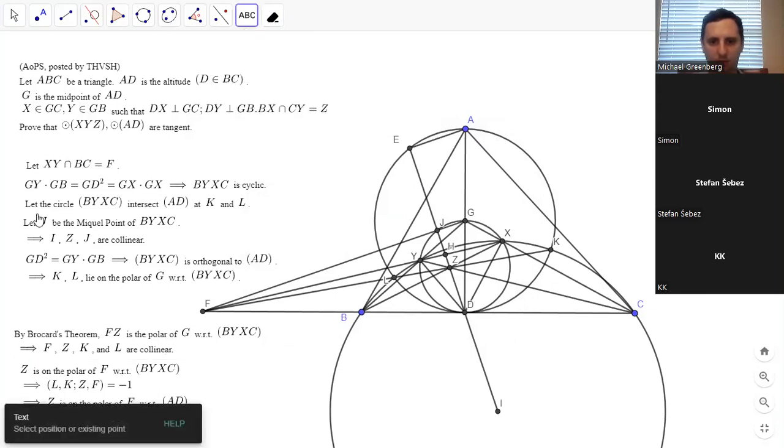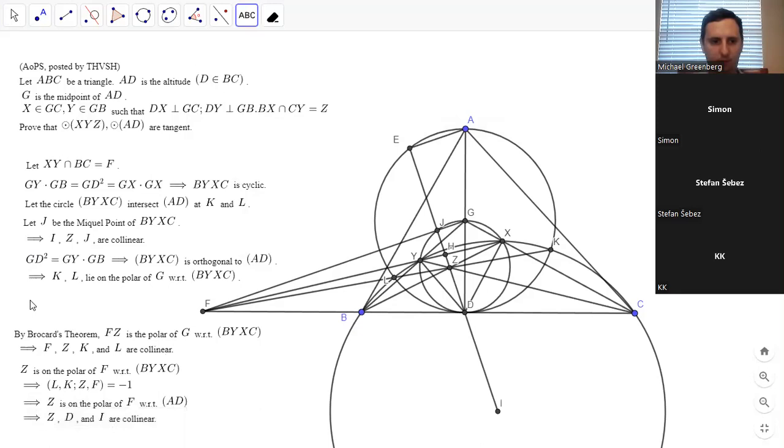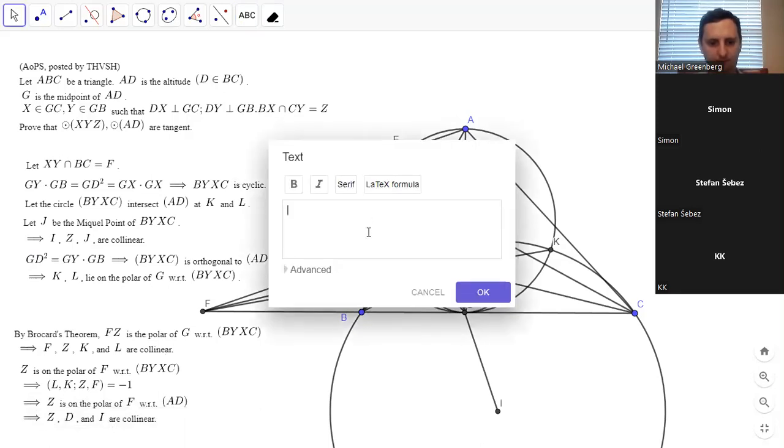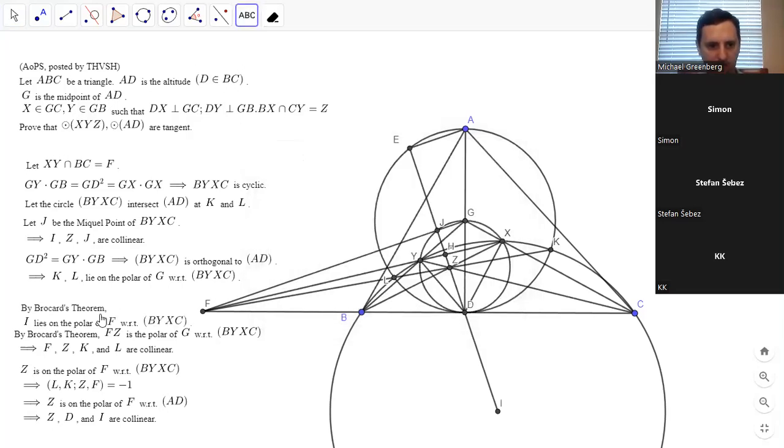So by Brocard's theorem, I'll add that. Polar of F, BYXC. Okay, so I think this does it basically.